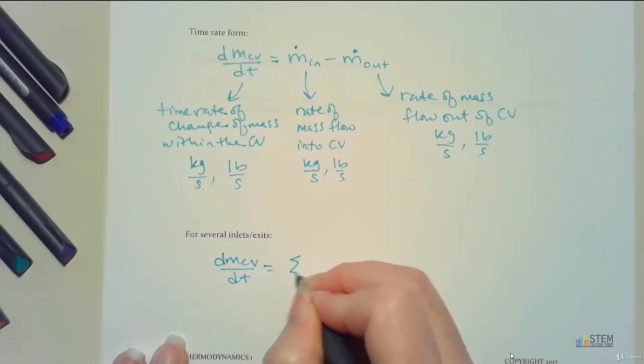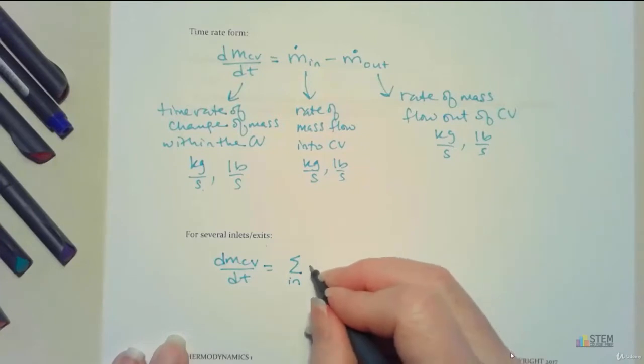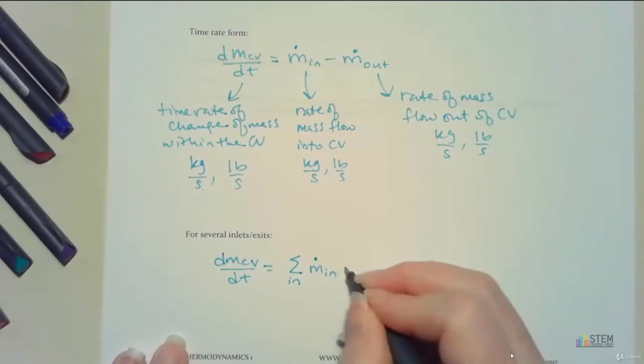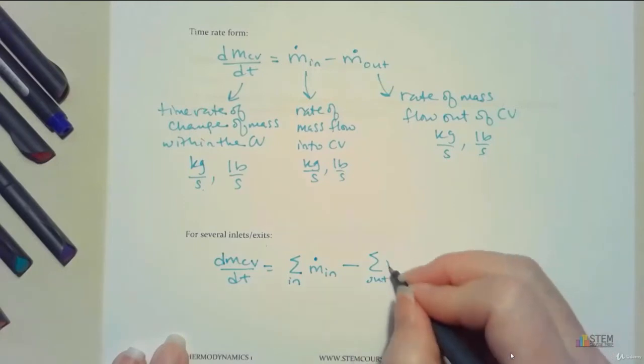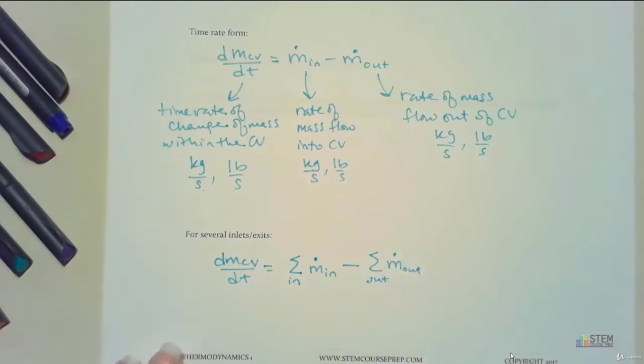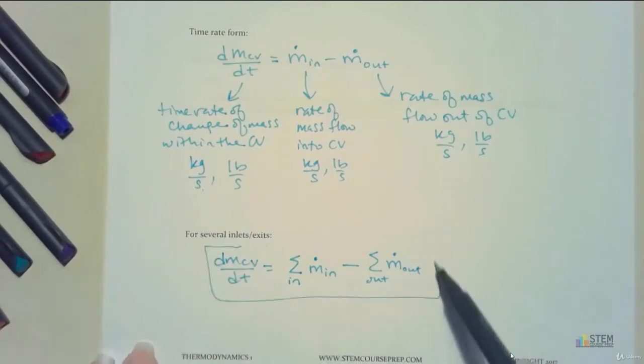That's now going to equal the summation over all of the inlets of m_in dot minus the summation for all of the outlets of m_out dot. So essentially each inlet you have, you're going to find the mass flow and you'll sum them all together, and then you'll subtract the mass flows for all of the outlets. So pretty simple calculation, really. And let's call this equation 1.